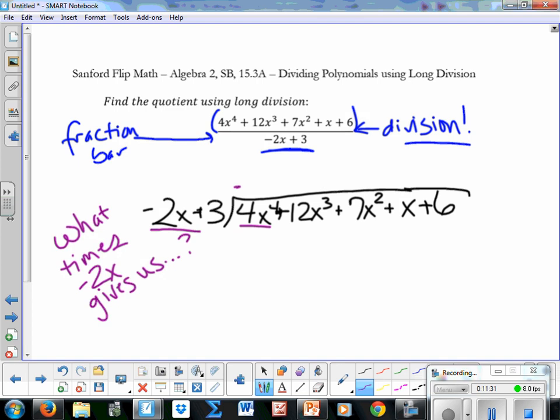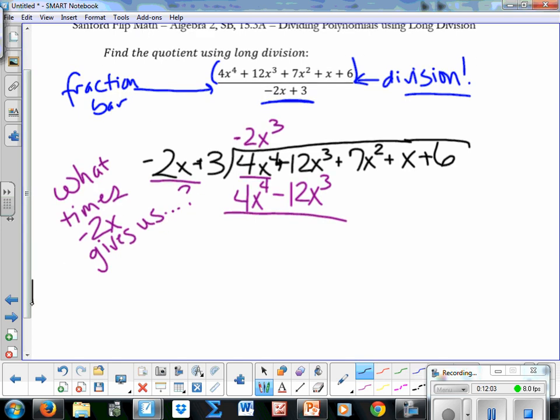So I know it's going to be a negative 2, and we want x cubed, because remember, we add our exponents when we multiply the same bases together. So we've got negative 2x cubed. We've got to multiply that by our negative 2x. That gives us our 4x to the fourth power. Negative 2x cubed times 3 gives us negative 12x cubed.